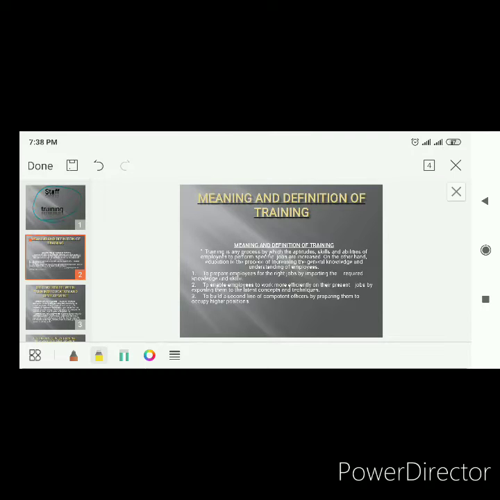So let's see the screen. Meaning and definition of training. According to Michael Jucius, training is any process by which the aptitude, skills and abilities of employees to perform specific jobs are increased.